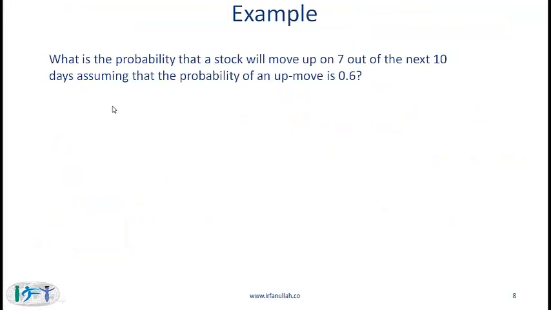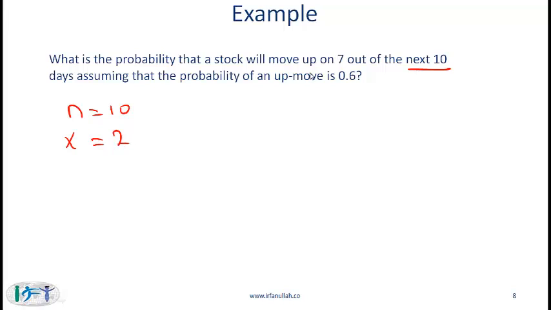Let's see if you can do the simple example now. What is the probability that a stock will move up on 7 out of the next 10 days, assuming that the probability of an up move is 0.6? Now remember, this can be modeled as a binomial random variable. We are talking about 10 days, so n is equal to 10. X is 7.